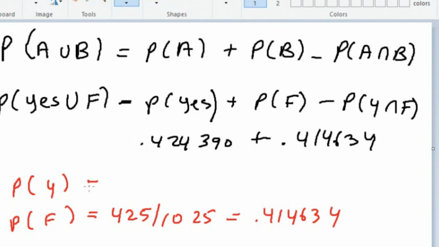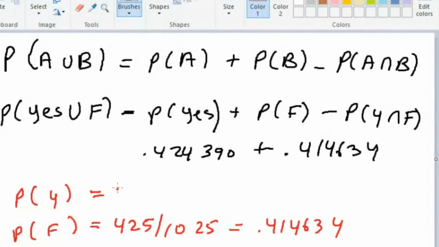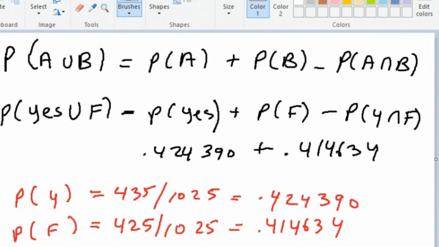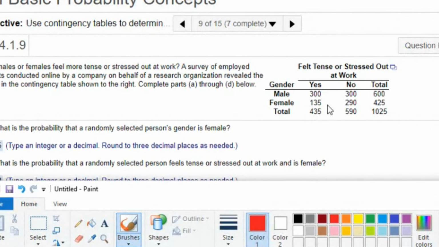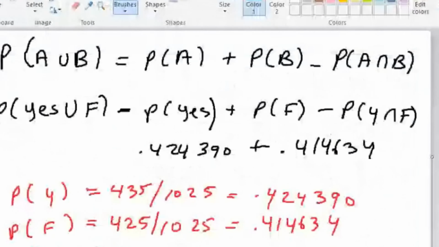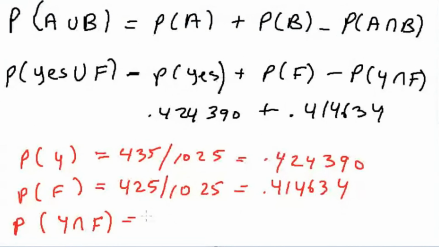And the probability of yes is 435 divided by 1025, and that's equal to 0.424390. And next, we need the probability of yes intersection female. So that's 135 divided by 1025, the total, and that is 0.131707.